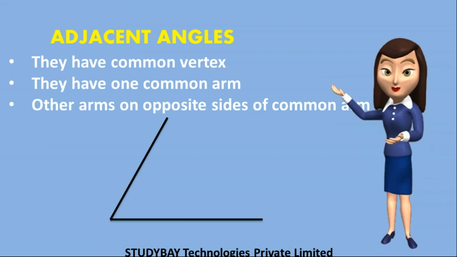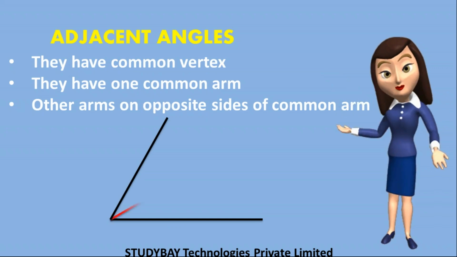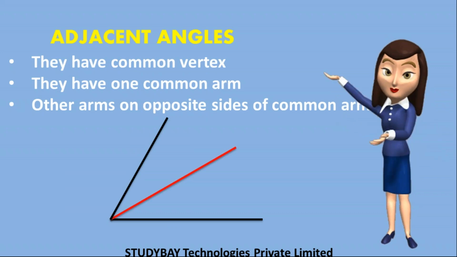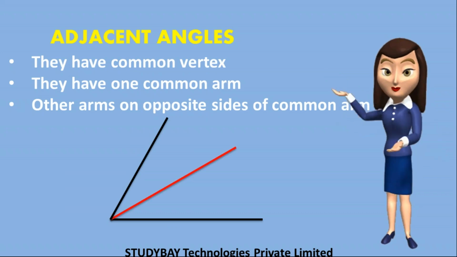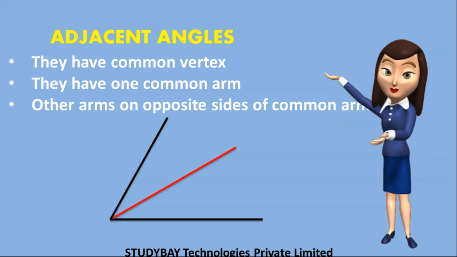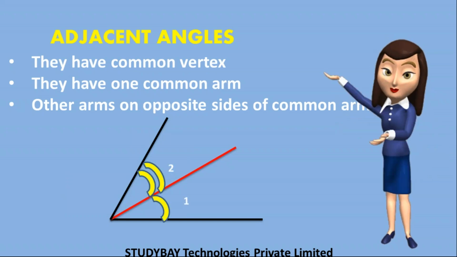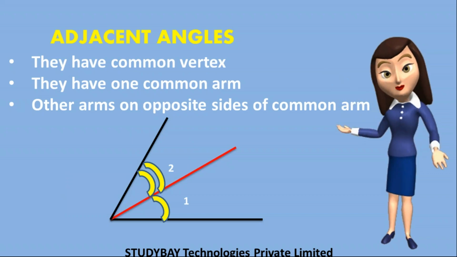Let's say we have these two arms here, and common to the vertex we have a third arm over here. Now this red arm, the middle one, is common to both the arms above and below, and the other two arms are on opposite sides of the common arm. So we can say that angle 1 and angle 2 are adjacent angles.